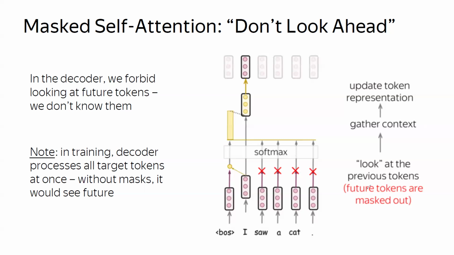Does it make sense? This is called masked attention: we calculate context-aware embeddings, but we look only at the previous tokens. And you can do this just by multiplying by a mask, and that's why it's called masked attention.